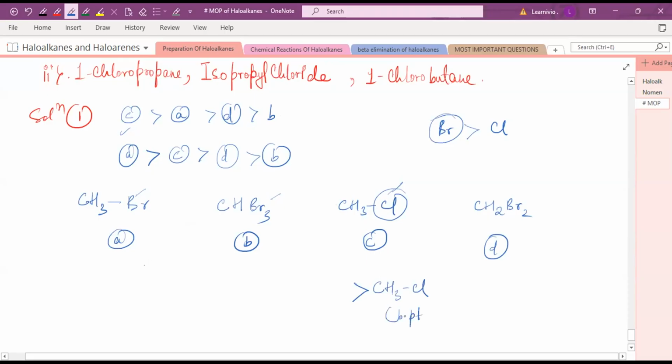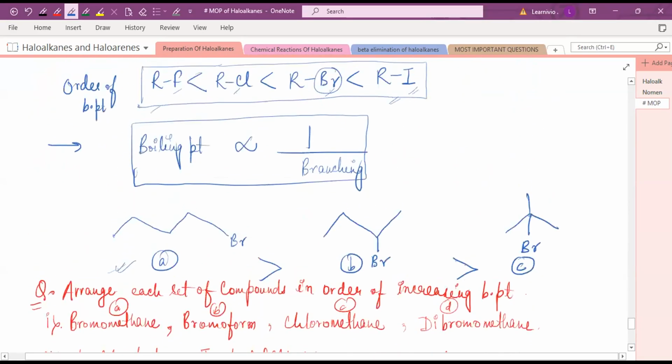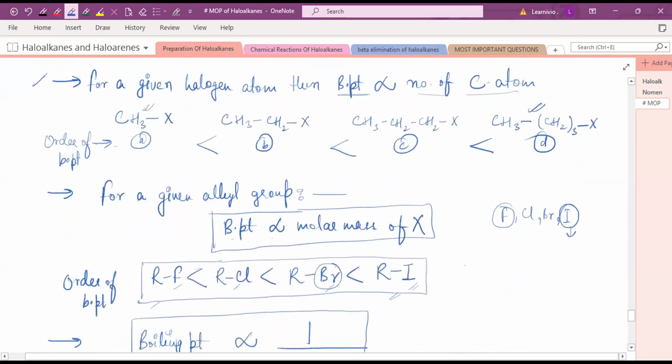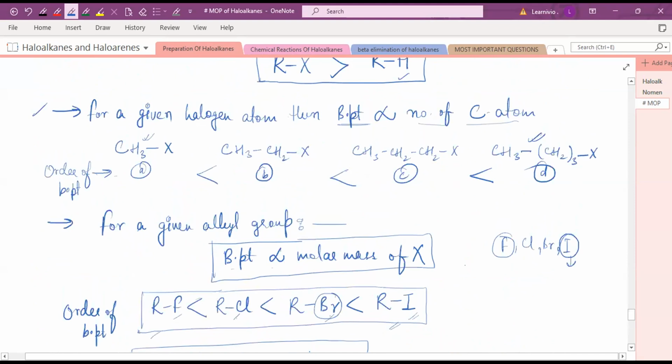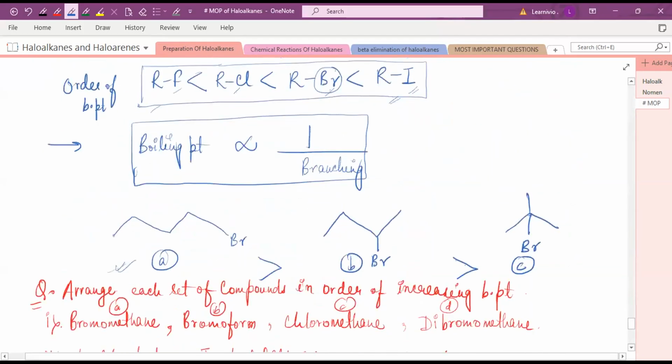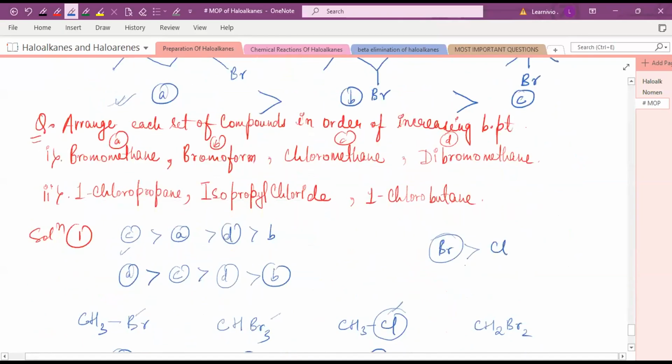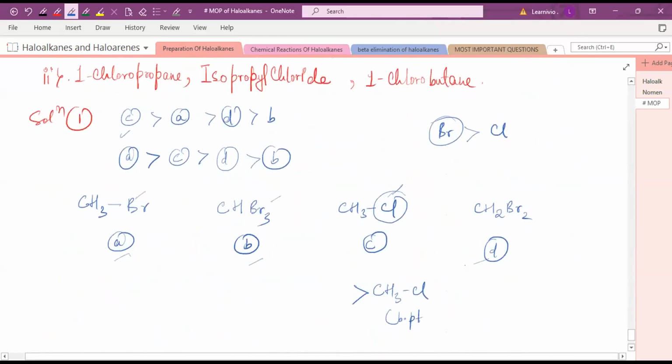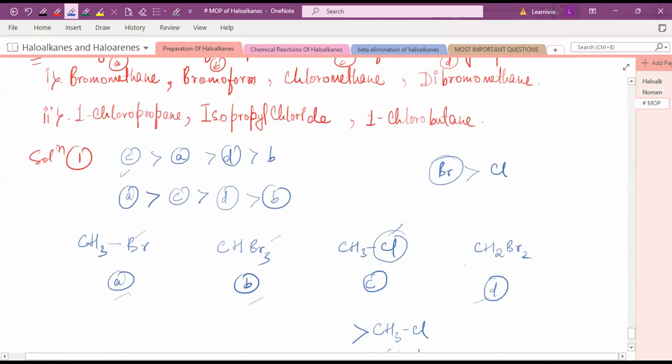Now let's compare these three, A, B, and D. For a given halogen atom, boiling point is directly proportional to the number of carbon atoms. Here the number of carbon atoms is the same, so you have to check the halogen group.